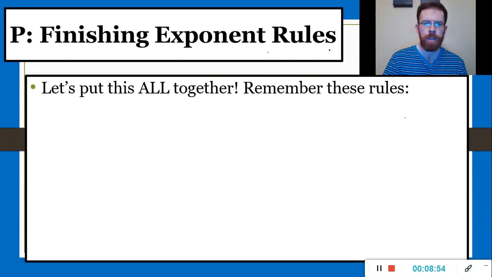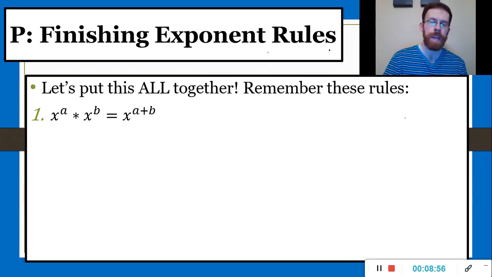First and foremost, let's put this all together. If you're multiplying two variables or two numbers with the same base, you add exponents. Let's go with S's.